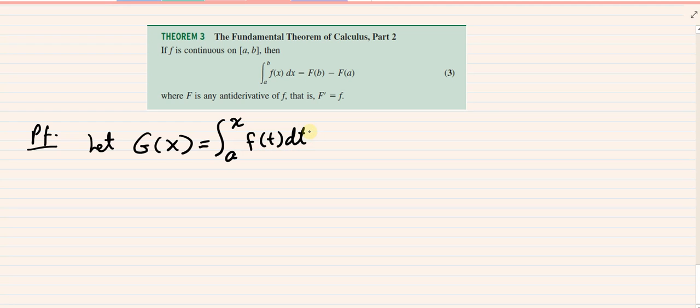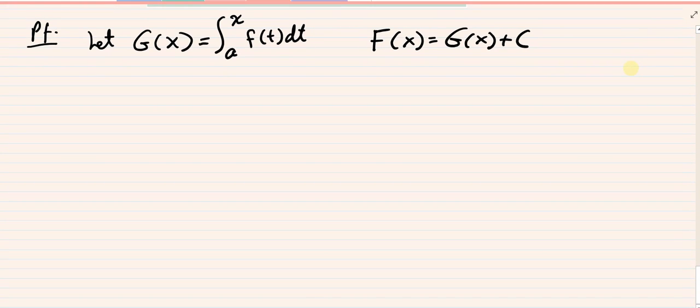Now if I let capital F of x be an even more general form, g of x plus c, this is where the whole family of antiderivatives are. So if I let it be that, now in here, by letting x be a, so the lower limit.